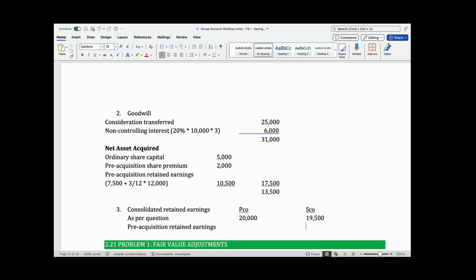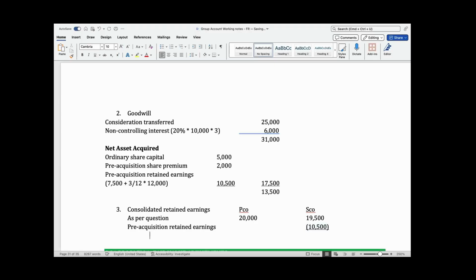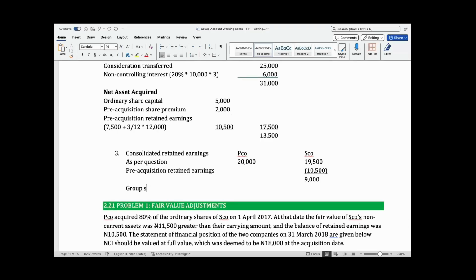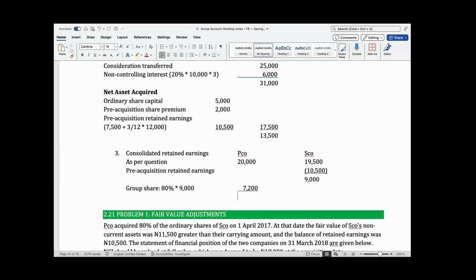What's the pre-acquisition retained earnings? What is the difference? Group share. What's the addition of these two? $27,200.